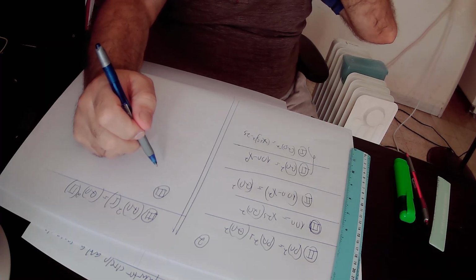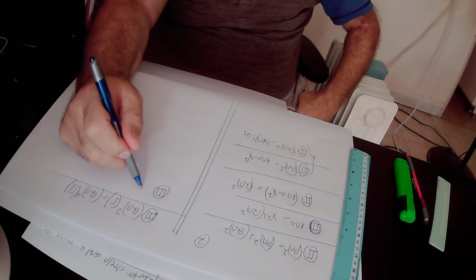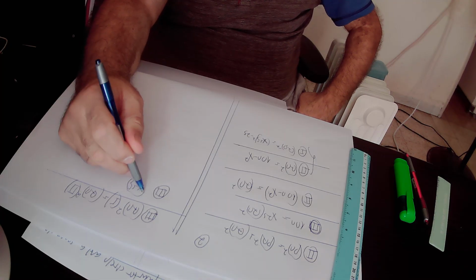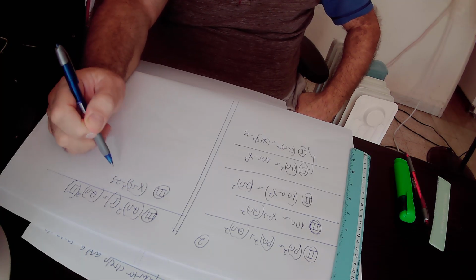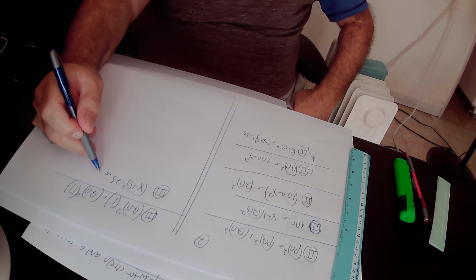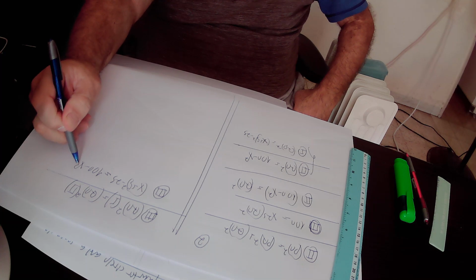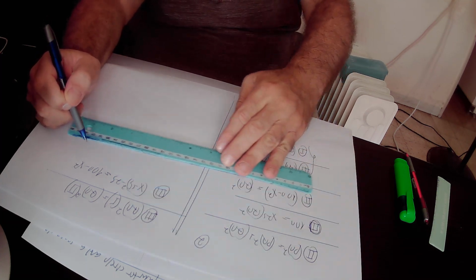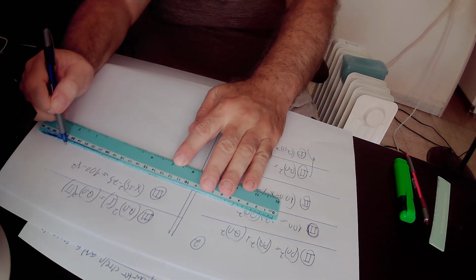So in total, according to equation 3, I should find that (x plus 5) squared minus 25 equals 100 minus x squared.